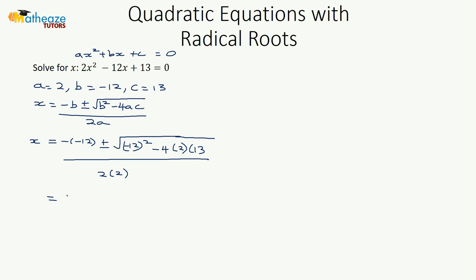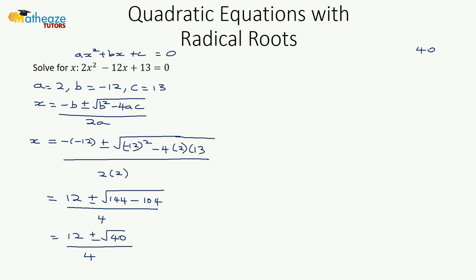So this is going to give us 12 plus or minus the square root of 144 minus 104, divided by 4. So this is going to give us 12 plus or minus the square root of 40 divided by 4. So let's decompose 40.